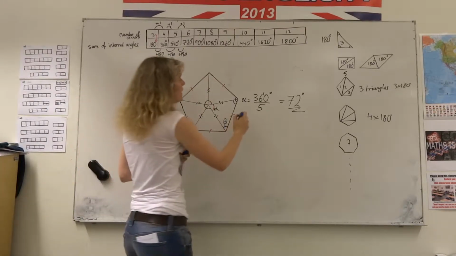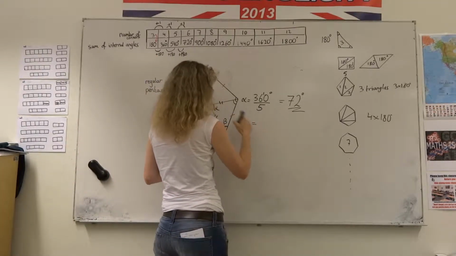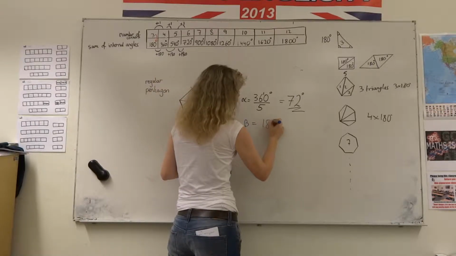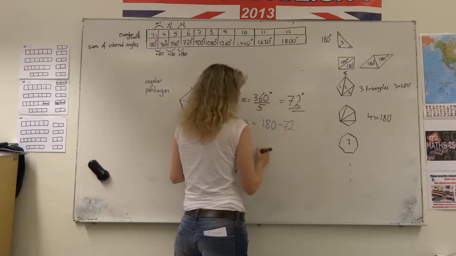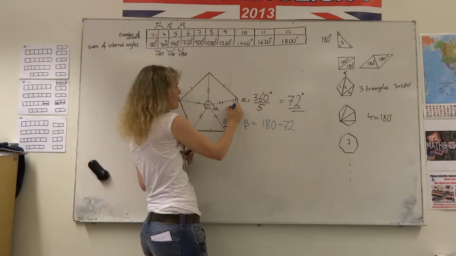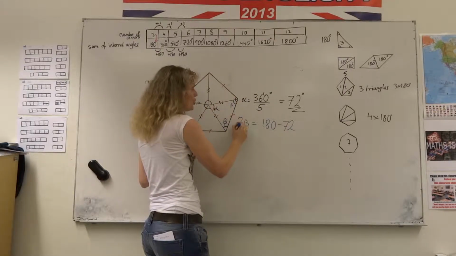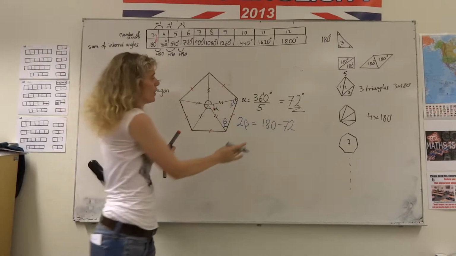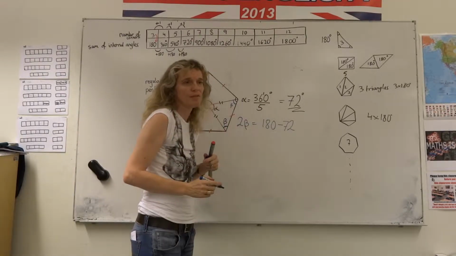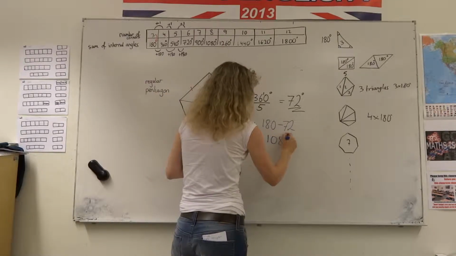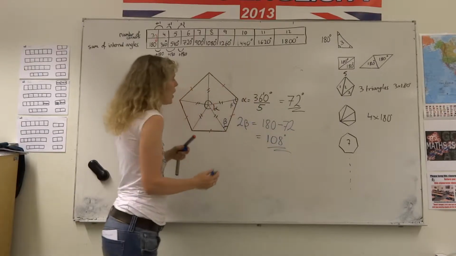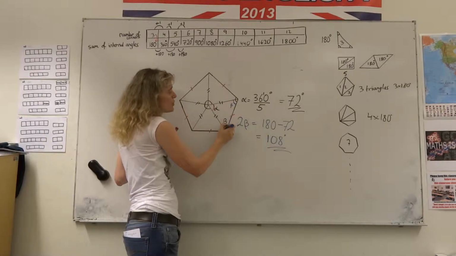Our angle beta is going to be the angles of the triangle, which all add up to 180, minus 72. But there's 2 betas in this triangle, so 2 lots of beta are going to equal 180 minus 72, which will give us 108 degrees. So 108 degrees will be these 2 together.